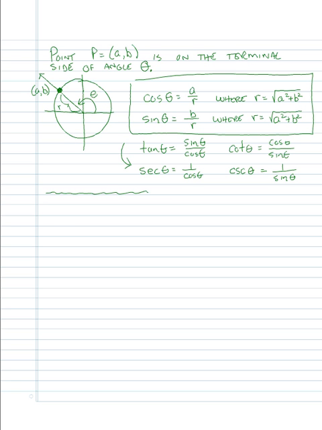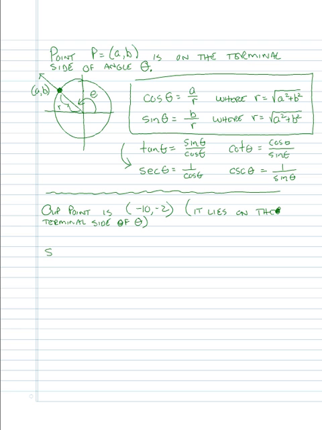Okay, let's go back to our original problem. Our point is -10, -2. It lies on the terminal side of our angle theta.